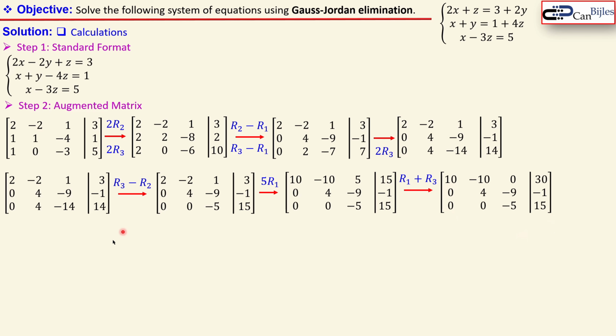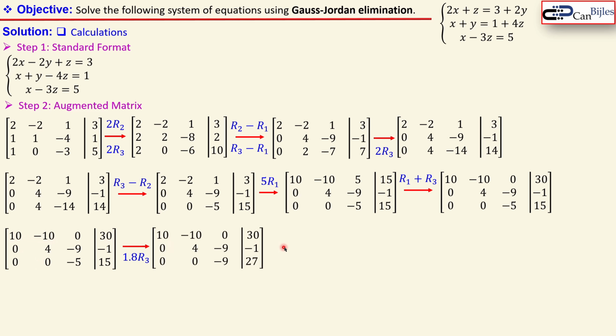Let's copy this first here, because there is no space there, and do this operation, which is then this 1.8 times R3, which is this. And then we only change row 3, so row 1 and row 2 are not changed. So we can just copy them. The row 1 and row 2, and row 3 will be minus 9 here, and here 15 times 1.8 will be then 27.